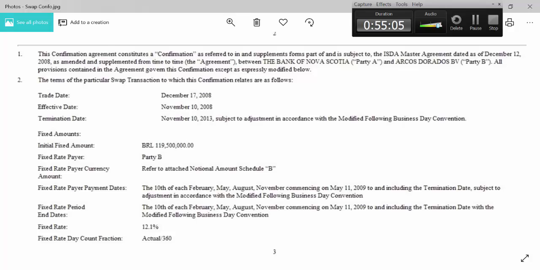But for the second part of the question, can a fund sign an ISDA, which is an excellent question. No one else thought of this point. A fund can. A hedge fund can.